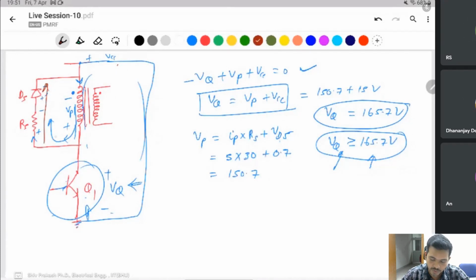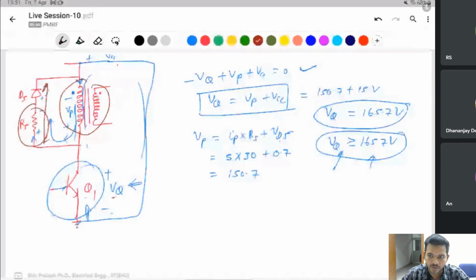If this current flows more, then this drop will be more, and the same drop appears on the winding, so VCEQ will be different. It all depends on the current. If the current is the same in both on and off conditions, then this voltage will be the same. If the current is different, then this voltage will be different.